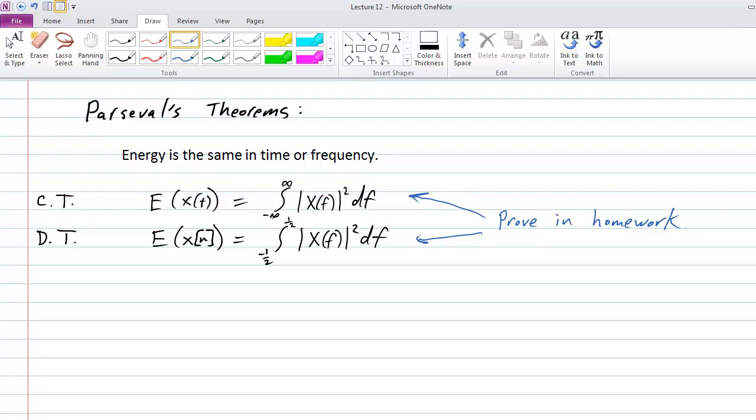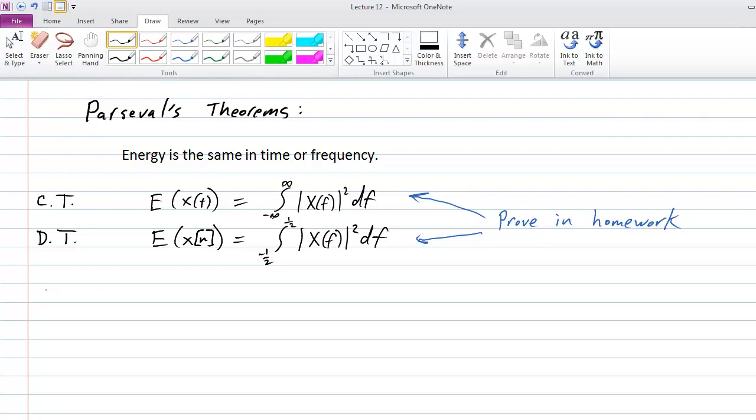It's actually very simple from properties you already know. It's just this formula. The physical meaning, now that we have Parseval's theorem, is that it is actually the time domain energy as well. So if you viewed the frequency domain and calculated energy as if it was a time domain signal, you'll get the same thing as if you had done it to the actual time domain signal.